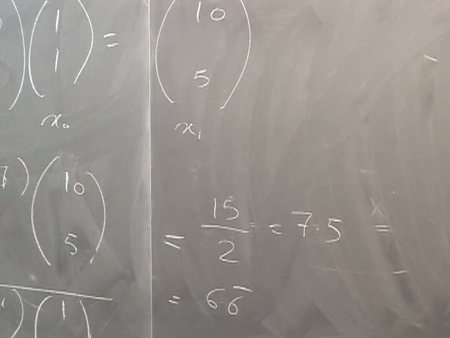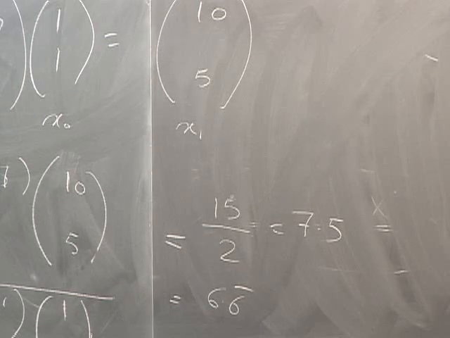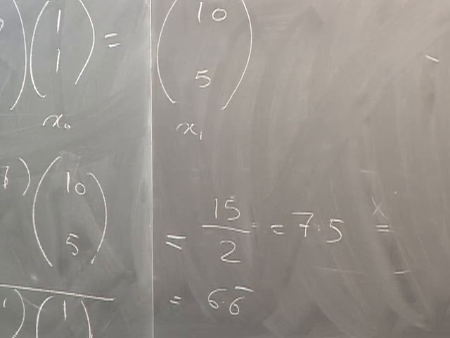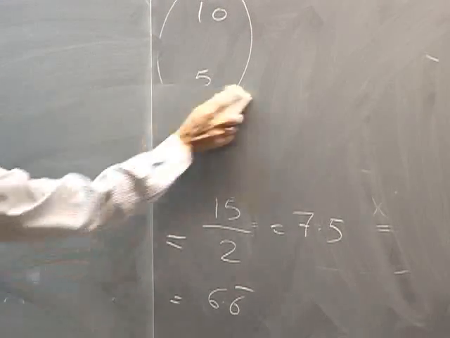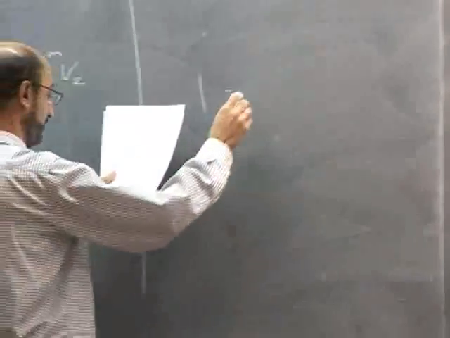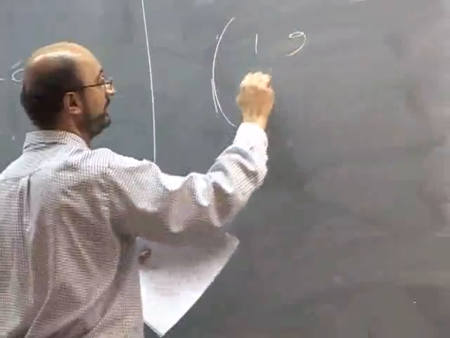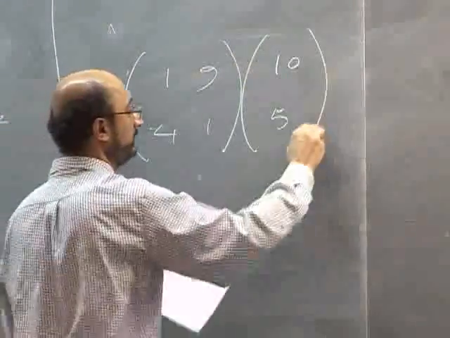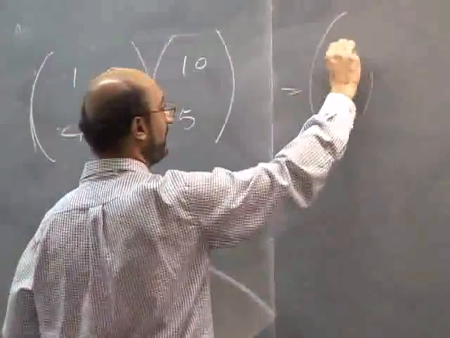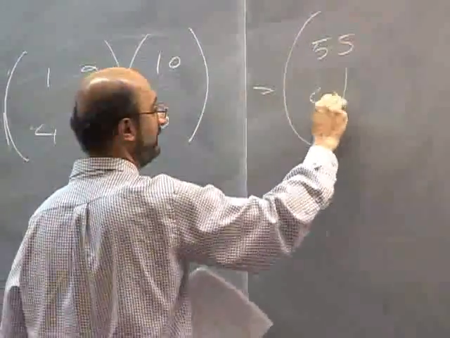In the interest of time, I'm not going to do it fully, but it's basically taking 10, 5 and doing it. Maybe I'll just show you the next step. It's really pretty easy. 1, 9, 4, 1 applied to 10, 5 is going to be 55, 45.